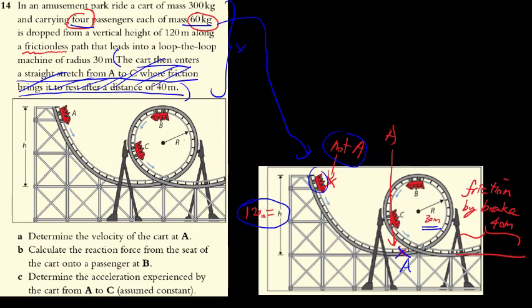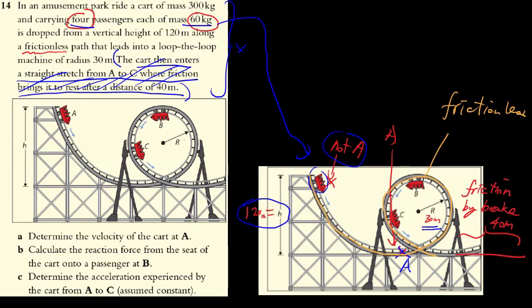So what you're gonna do is before you start to do this question, you can assume that this path until you complete the loop over here is frictionless, like the question said.